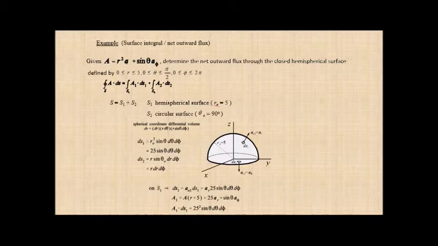Next, we need to find S1 and S2. From the equation, the spherical coordinate differential volume dV equals dr times r d theta times r sin theta d phi. We get the values of S1 and S2, so we can calculate the surface integral by substituting back into the equation to get the value.